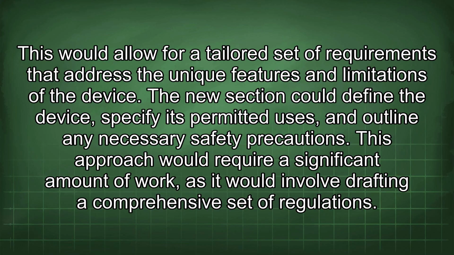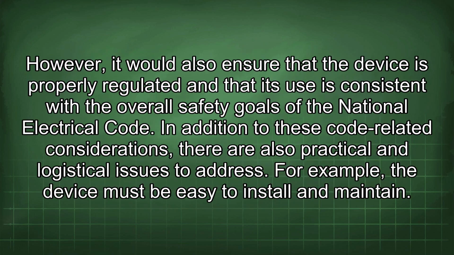The new section could define the device, specify its permitted uses, and outline any necessary safety precautions. This approach would require a significant amount of work, as it would involve drafting a comprehensive set of regulations. However, it would also ensure that the device is properly regulated and that its use is consistent with the overall safety goals of the National Electrical Code.